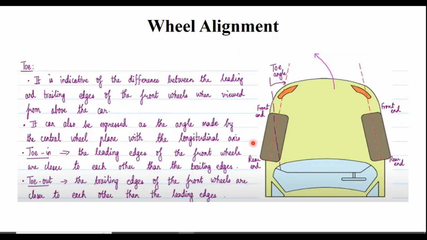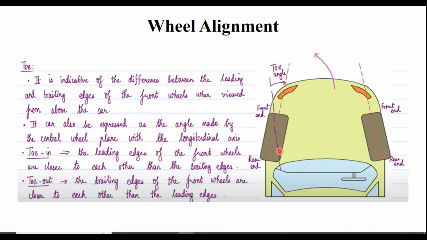Okay, and you also have an angle. You see this is the angle which is made by the central wheel plane. This is the central wheel plane. It is expressed in red. Okay, this is the central wheel plane with respect to the longitudinal axis.